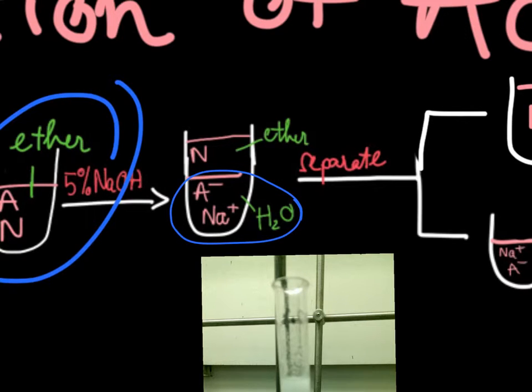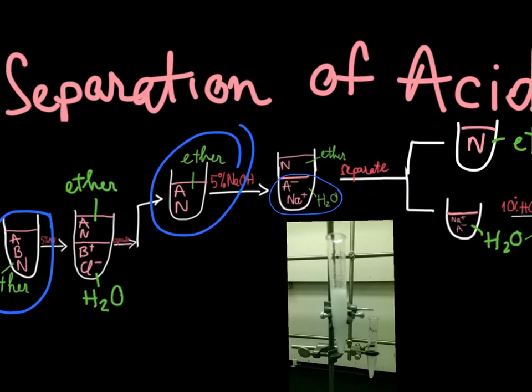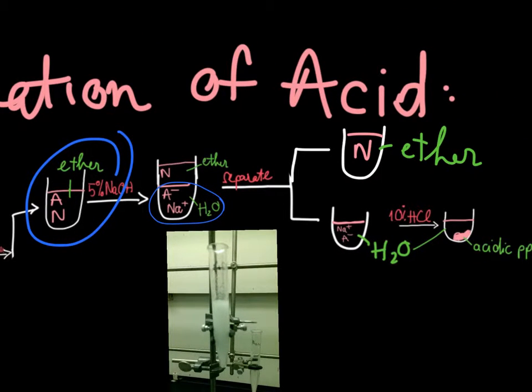So now we have two new layers: an ether layer that contains only neutral, and the water layer contains an ionic salt that is the result of the neutralization of the acid over here.